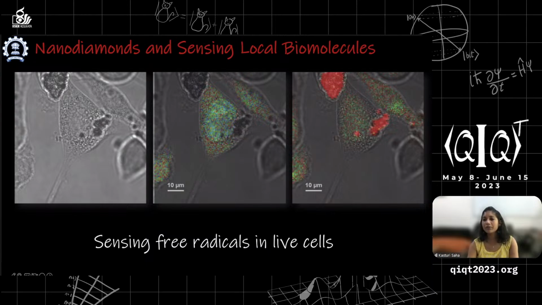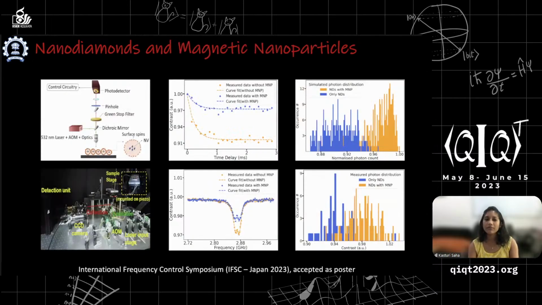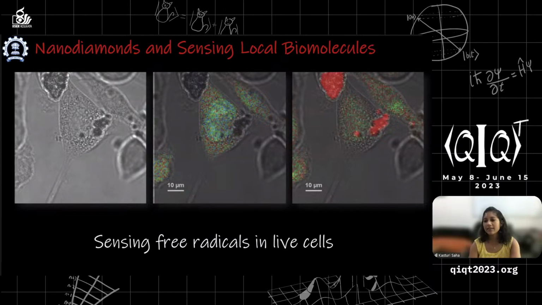Now, when we performed our standard fluorescence microscopy for NV centers, which is essentially to look at the NV fluorescence, you can see the red dots here, and it tells you that the cells have really engulfed the nanodiamonds.